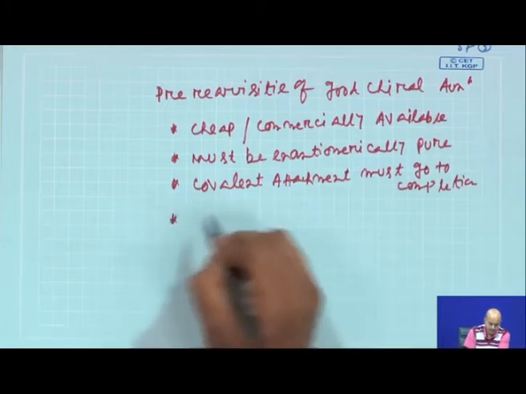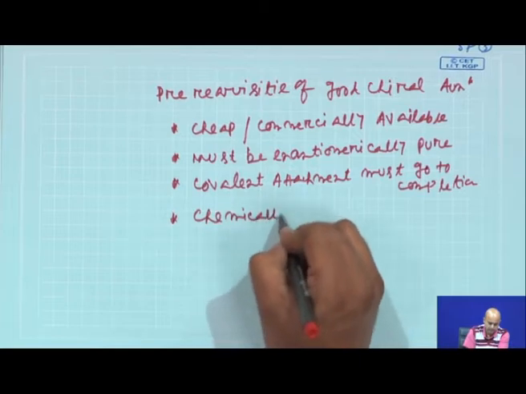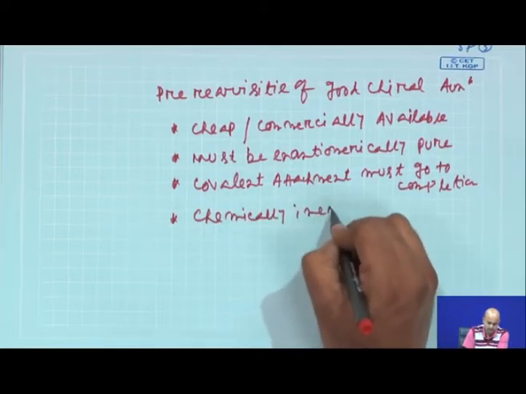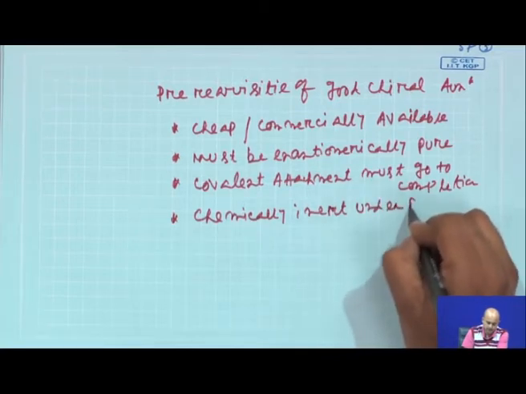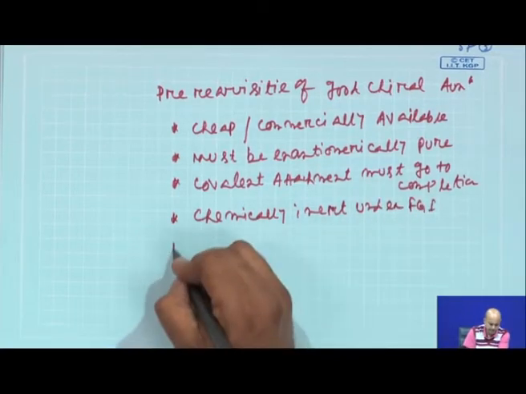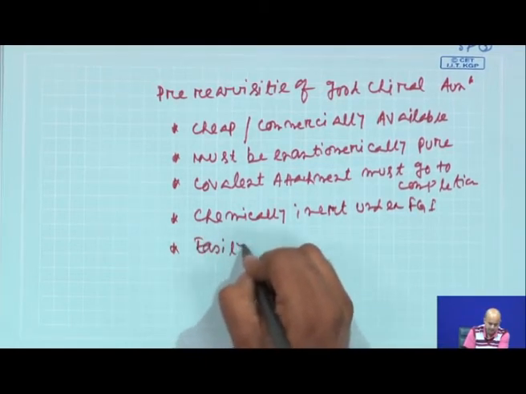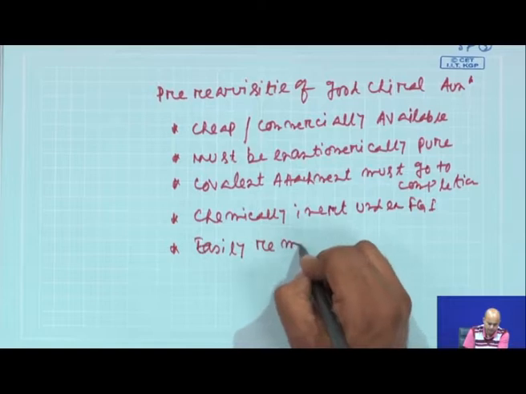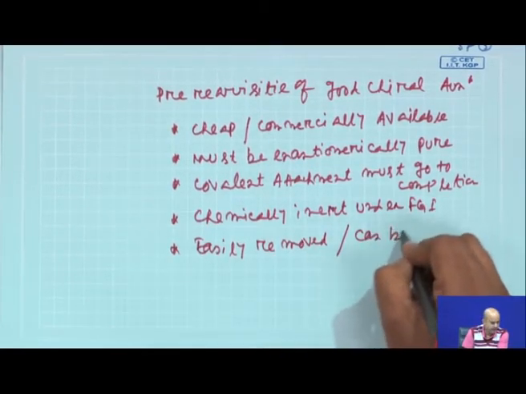And finally, the auxiliary must be chemically inert under the FGI condition, and then the auxiliary can be easily removed and, if necessary, reused.